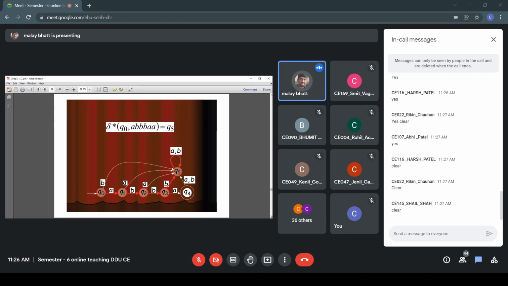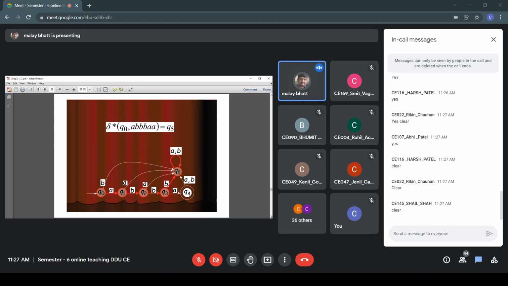Similarly, if I traverse from the Q0 state A triple B AA, you can see A triple B AA will give us the Q5 state. You can see the path in red color.